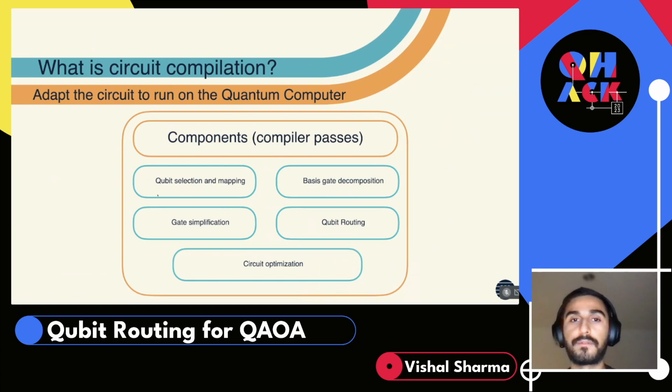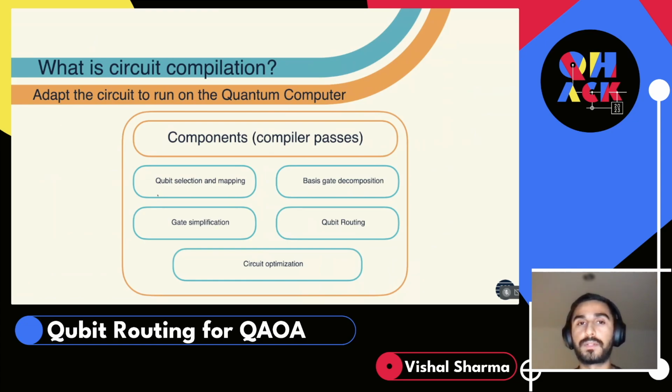So it's going to look slightly different between, let's say, ion trapped quantum computers and superconducting quantum computers, and so on. Circuit compilation lies in the gap between defining your quantum circuit for an algorithm at the logical level, and finally taking that circuit and running it on an actual quantum computer. There's a gap between these two things, and that's exactly where the concept of circuit compilation fits.